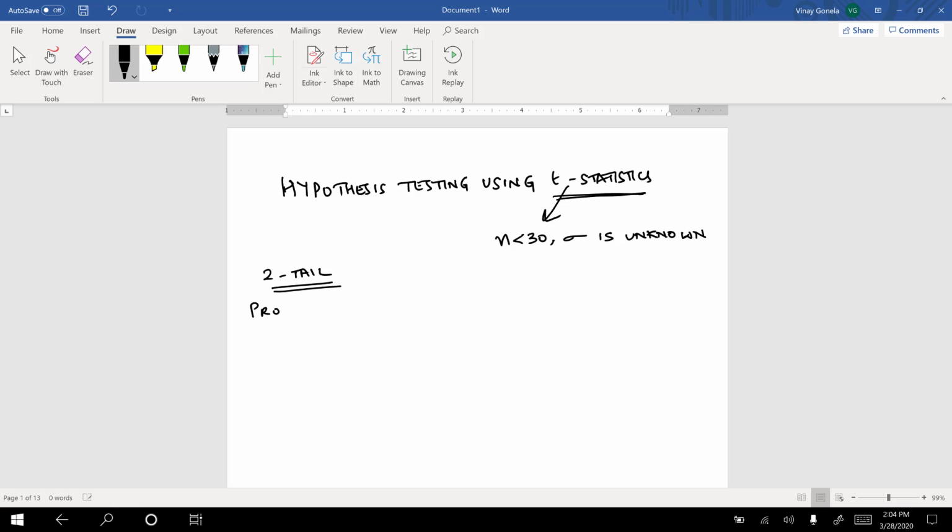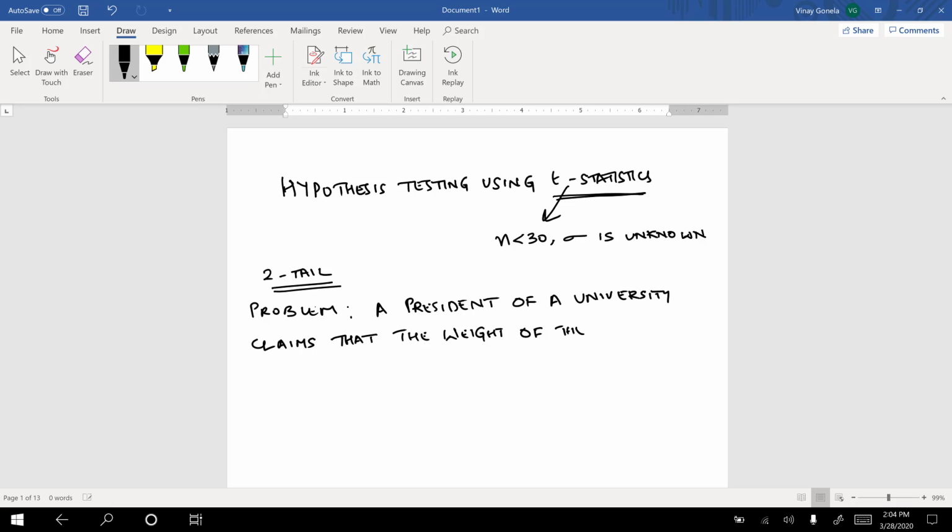So the problem is, a president of a university claims that the weight of the students in the university is 160 pounds.